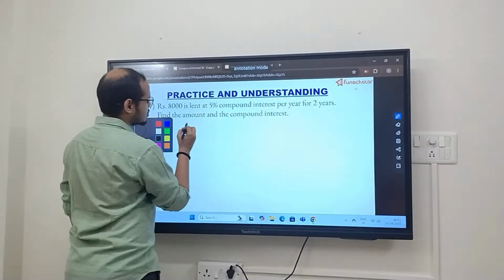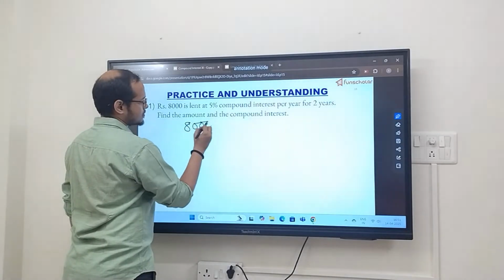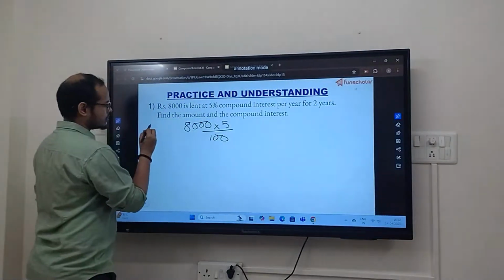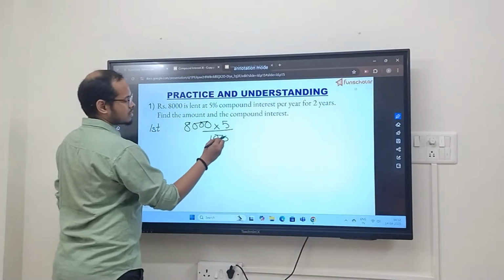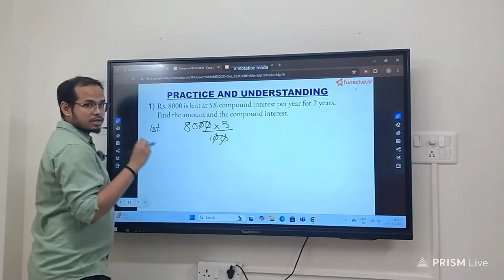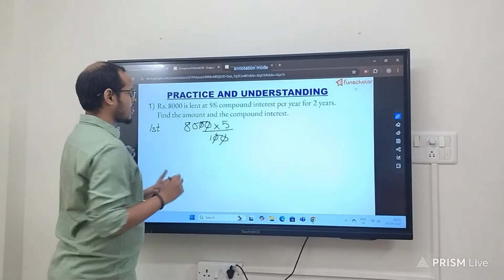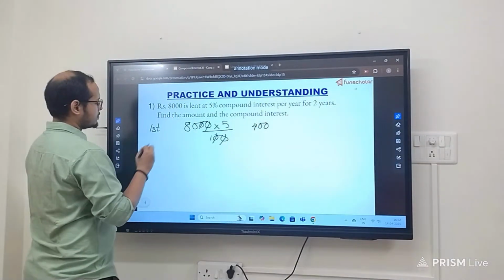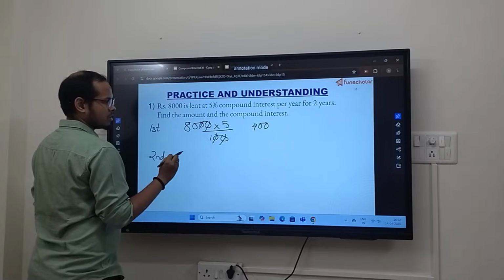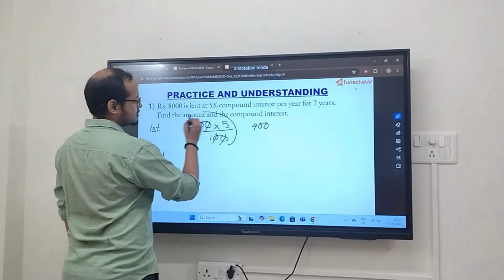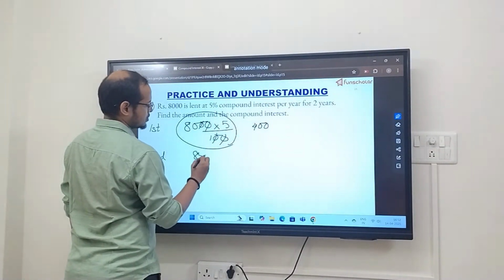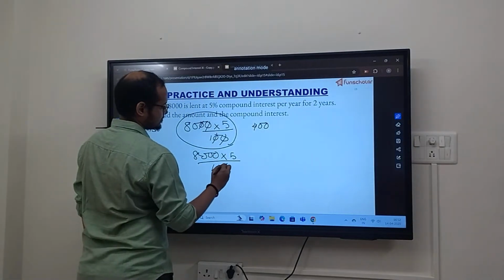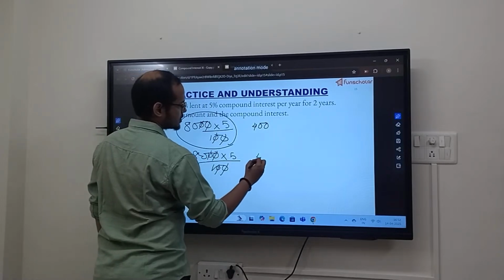Let's go. We are taking the principal into 5 by 100. This is for the first year. Two zeros cancel. For the first year, simple interest and compound interest will be the same. So for the first year it's 400 rupees. For the second year, the principal will give us the same interest, 8000 into 5 by 100, again 400 rupees.